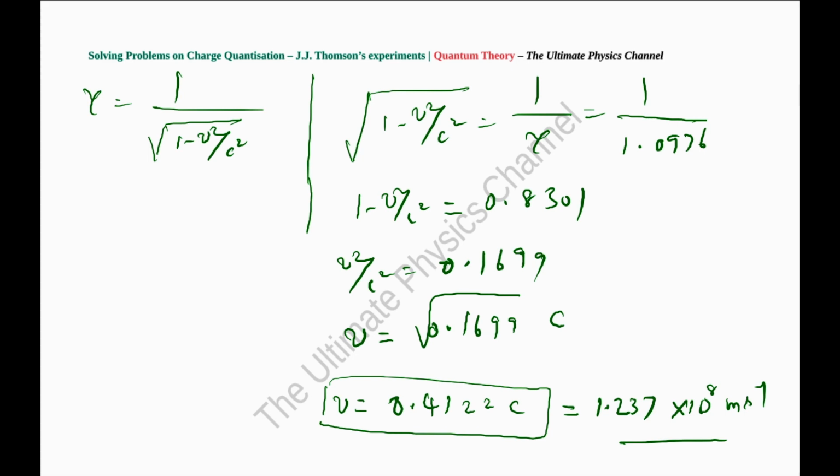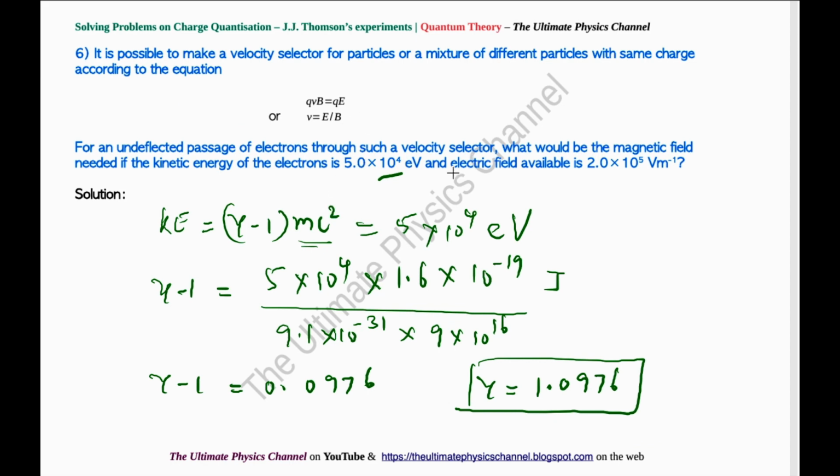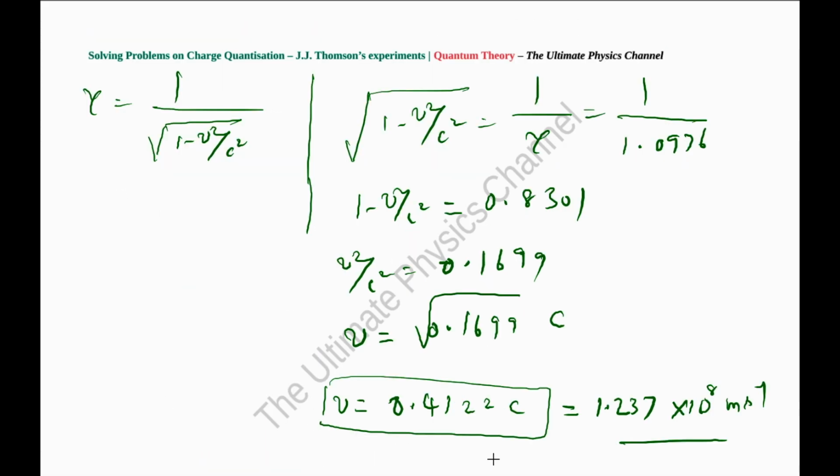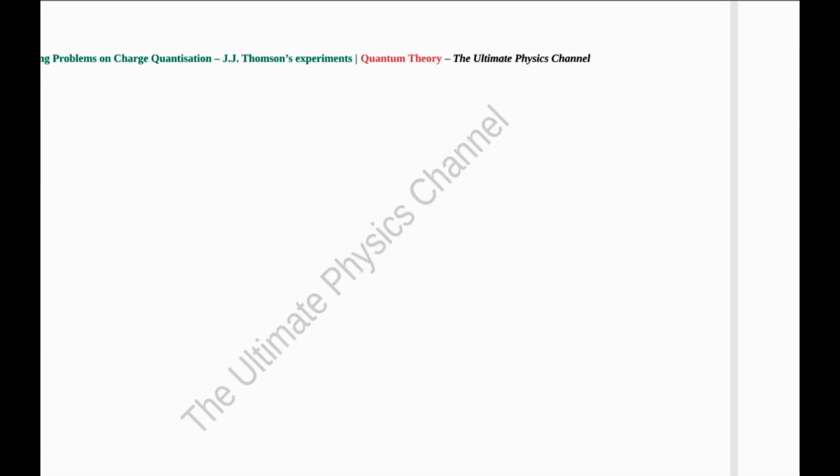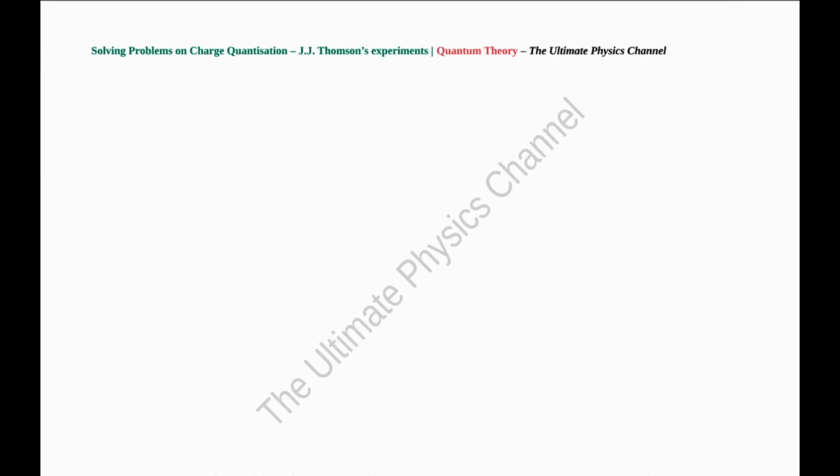Now in the question, what is further asked? What would be the magnetic field? That is the actual requirement for us. Since we have the electric field, the expression that connects the electric field and the magnetic field is the velocity.